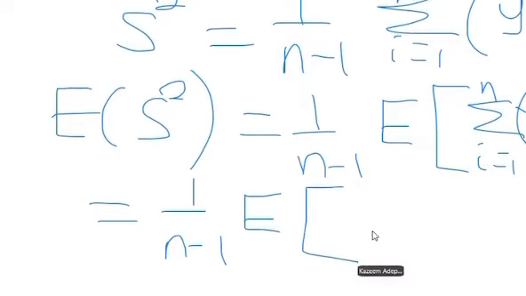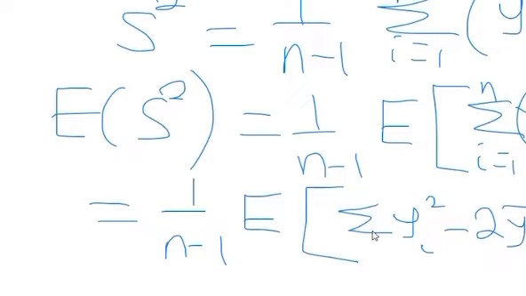If you expand what you have in there, you're going to have summation y_i squared minus 2 y bar summation y_i plus, because y bar is a constant, the summation is just going to be n, so n y bar squared. Any question on this?